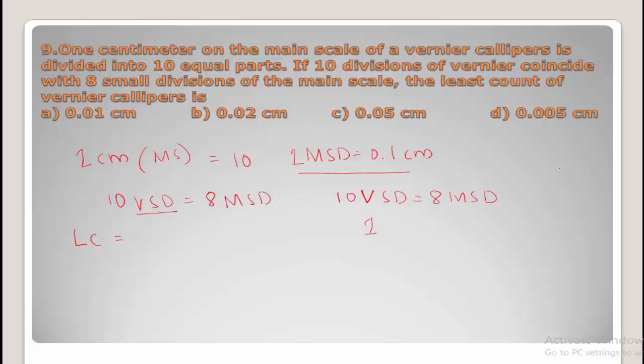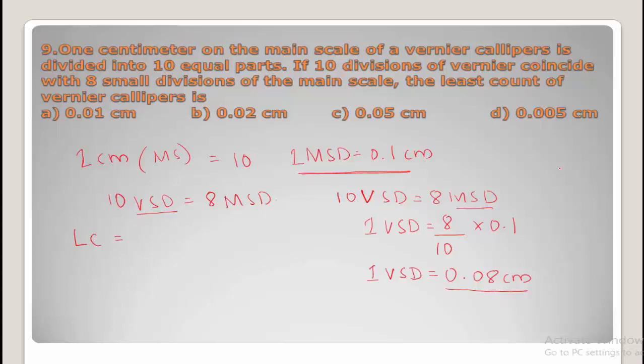So the value of 1 vernier scale division becomes 8 by 10 and value of 1 MSD is 0.1. Simplify this, you will get the answer 0.08 centimeter. So the value of 1 vernier scale division is 0.08 and the value of 1 main scale division is 0.1 centimeter.